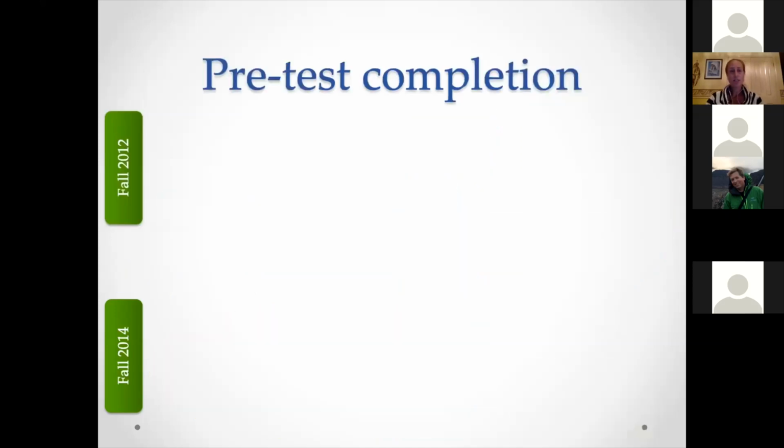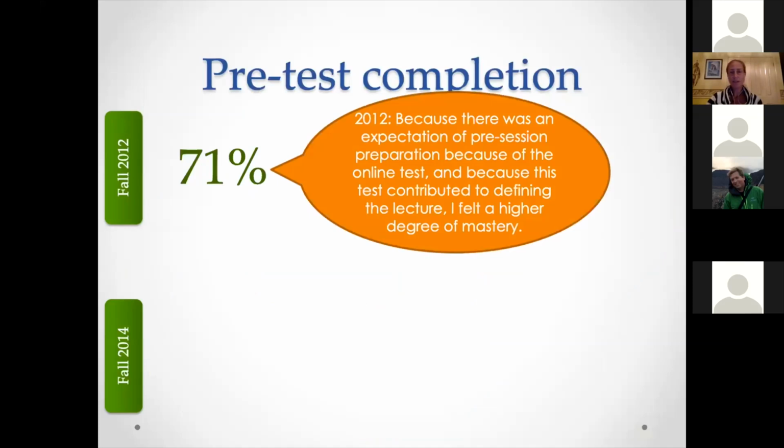In terms of pretest completion, this is where I told you there was no mark-based incentive the first time around for doing the pre-work. And that was visible in 2012, where only 75% was completed each week.